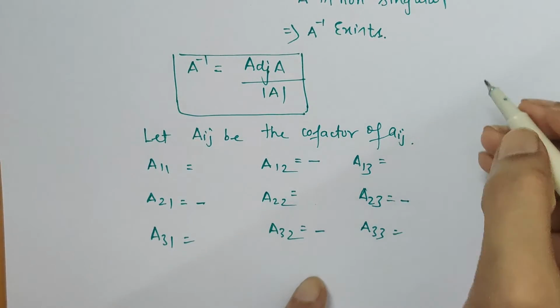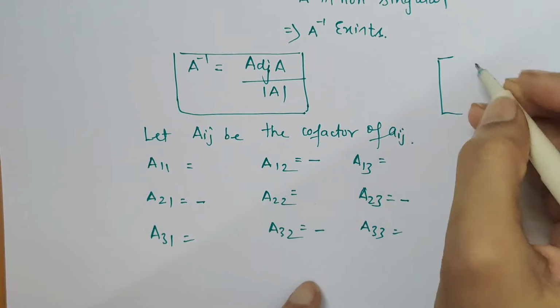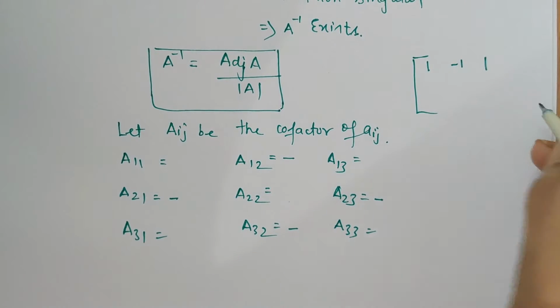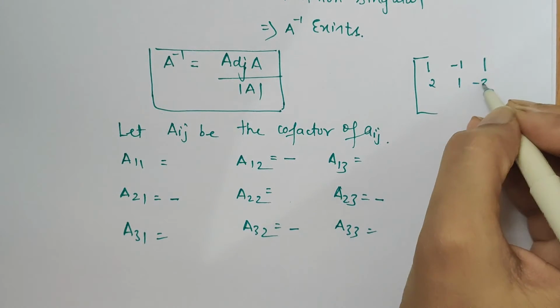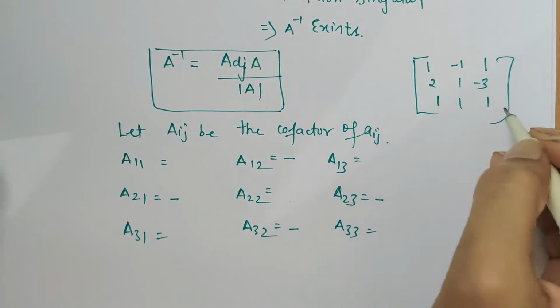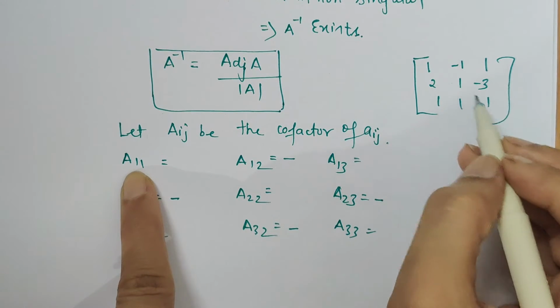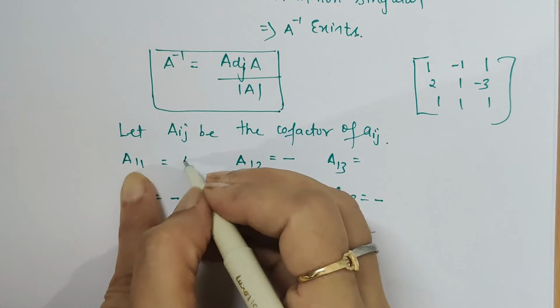For our convenience, let's write the matrix again over here so that we can understand it properly with the matrix in front of us. A11 is the cofactor of 1. What we have to do is eliminate this row and column: 1 plus 3 is 4.